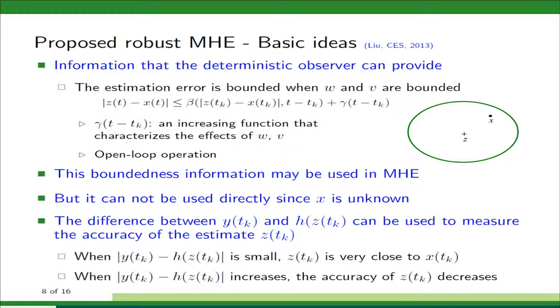Based on the difference between them, when the difference between the actual output and the predicted output is small, then the estimate given by the deterministic observer should be very close to the actual system state. If the difference between the two is very large, then the accuracy or the reliability of the estimate given by the deterministic observer is not so good.